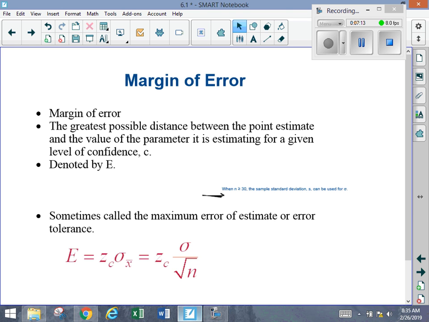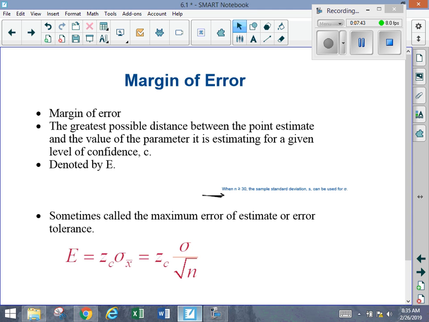Your margin of error is essentially going to give you your upper and lower bounds of your interval. Okay? So it's going to tell you how far away from your point estimate your lowest possible value is and your highest possible value.